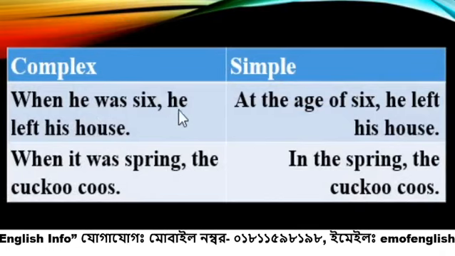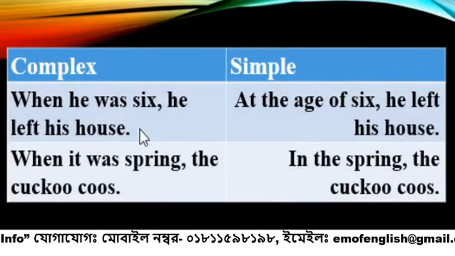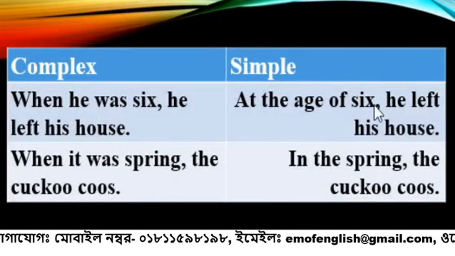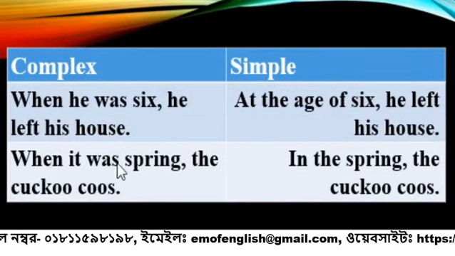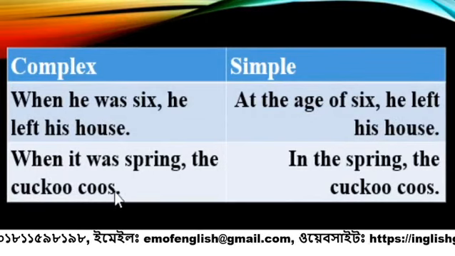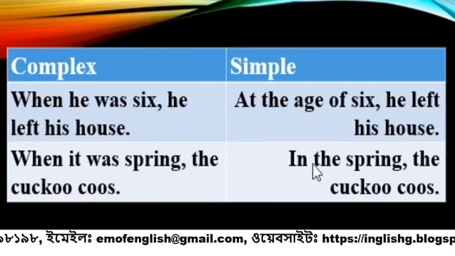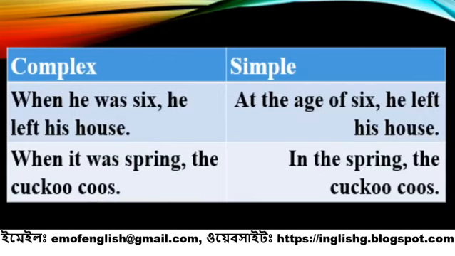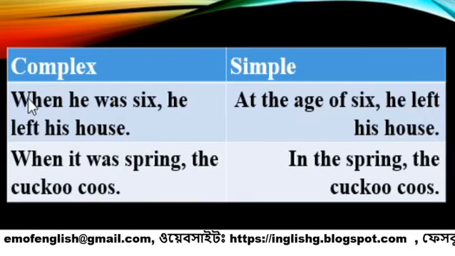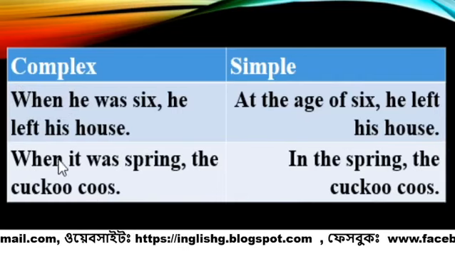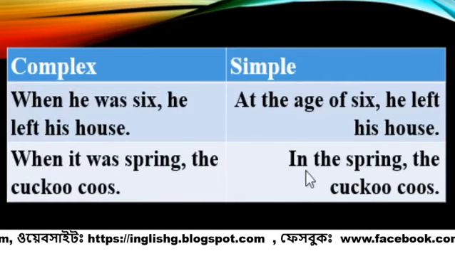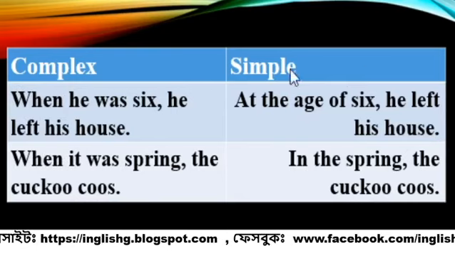"When he was 6, he left his house." "At the age of 6, he left his house." In example B, "When it was spring, ..." "In the spring, ..." What is the rule here? In example 1, it is "when". In example B, it is also "when". But the answer is different. Why?